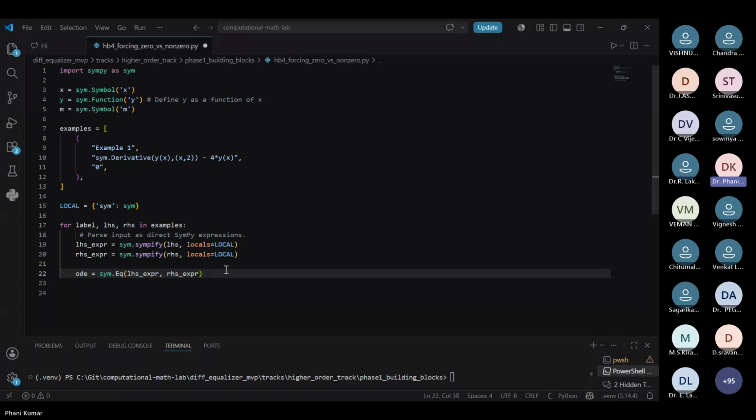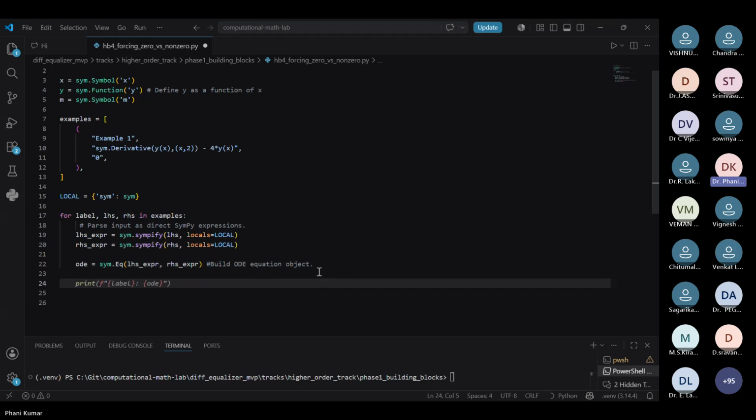Now this is the method, sim.Eq. That sim is there in SimPy. From the given equation, using LHS underscore expression and RHS underscore expression, we are taking the LHS and RHS separately, right? So from that LHS and RHS, we use the method sim.Eq with LHS underscore expression and RHS underscore expression.